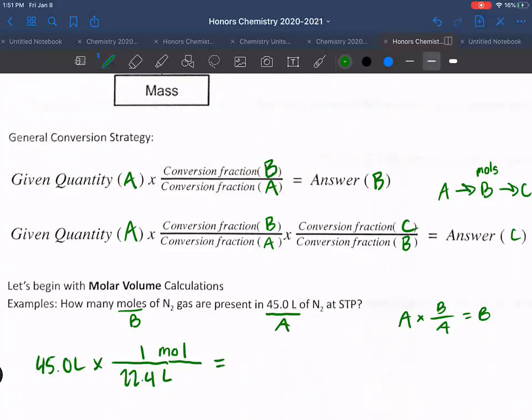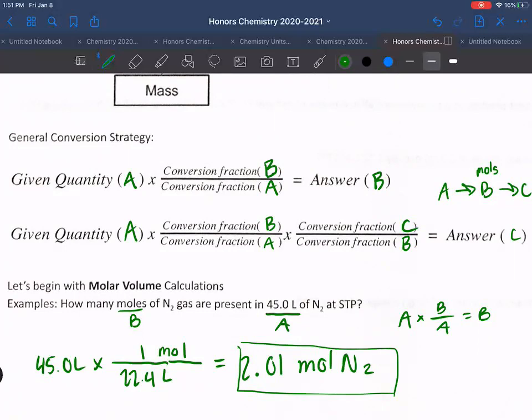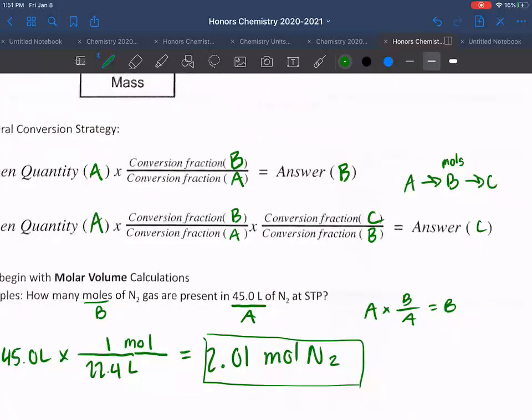If we calculate that out, we get 2.01 moles of N2. Any questions on the initial one? Okay, let's do moles to liters then.